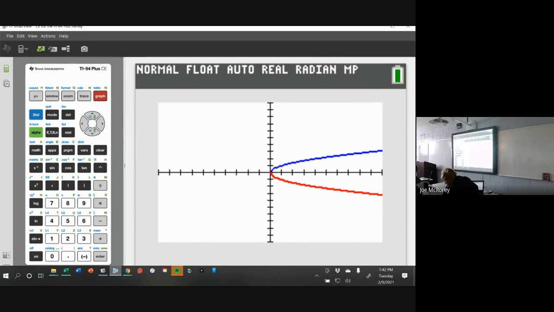Is the blue part only, if I ignore the red part, a function? Yes, that's the graph of y equals the square root of x. What's the red one? Negative square root of x, which comes from the parent function square root of x, but that negative sign reflects it across the x-axis. Okay? So that's the only way you can graph this relation, is to graph the two separate pieces. Questions?